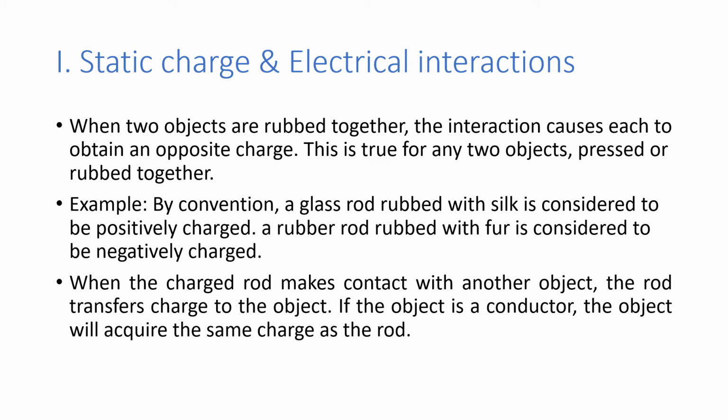Which one has more tendency to lose electrons, or to grab those electrons, determines which charge we obtain. When the charged rod makes contact with another object, the rod transfers charge to that object. If the object is a conductor, the object will acquire the same charge as the rod.